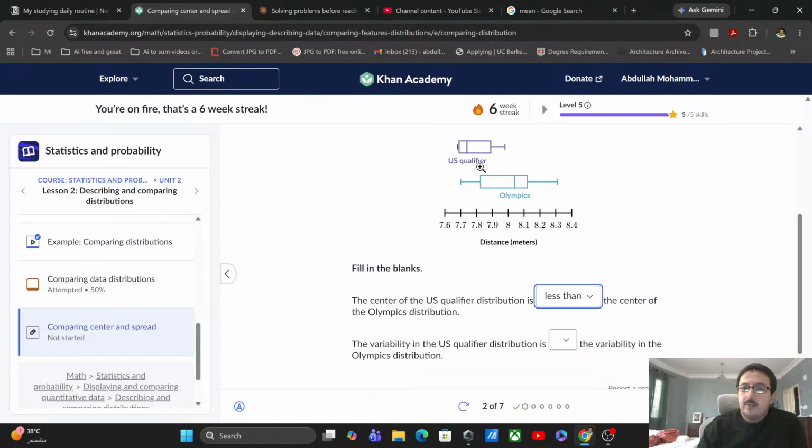This qualified distribution is also less than the variability. Here we got it varies.